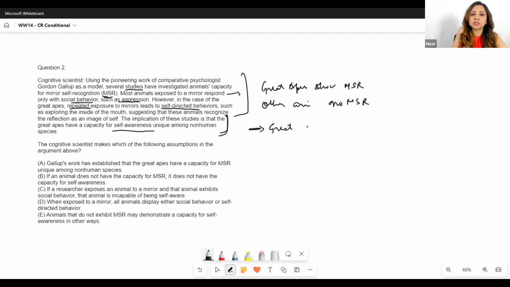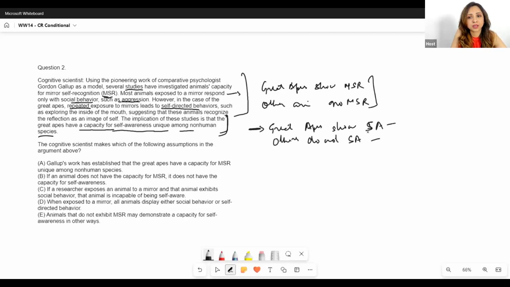So our conclusion is great apes show self-awareness, and others do not show self-awareness, because he says great apes have a capacity for self-awareness unique among non-human species. So based on this MSR, based on the studies, he's saying that great apes show self-awareness and others do not.